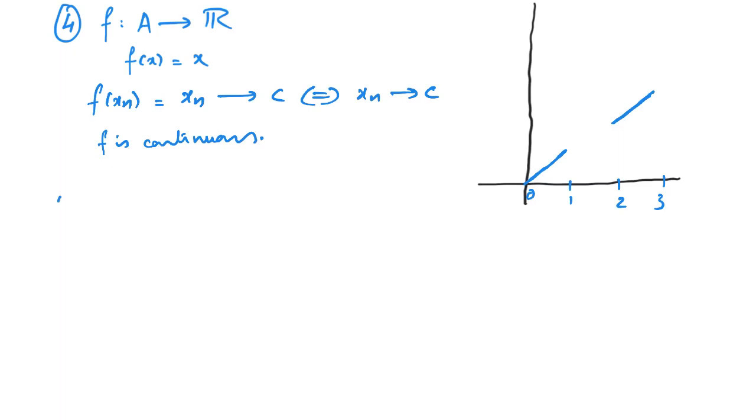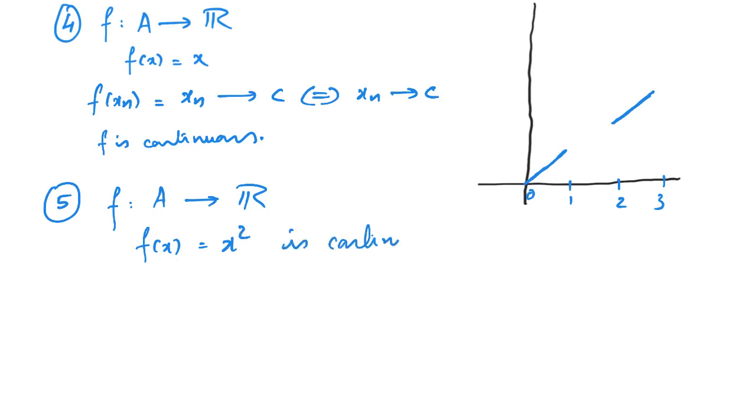Finally, using the same thing, we can also prove that if f is a function from A to R, then f of x equal to x squared is continuous. I leave that as homework.